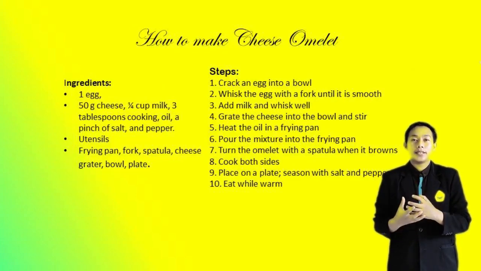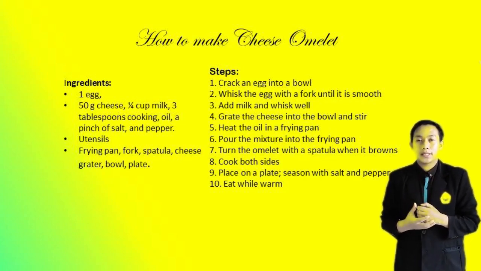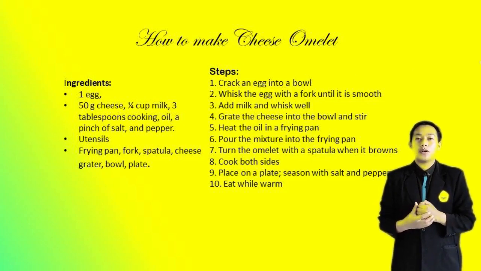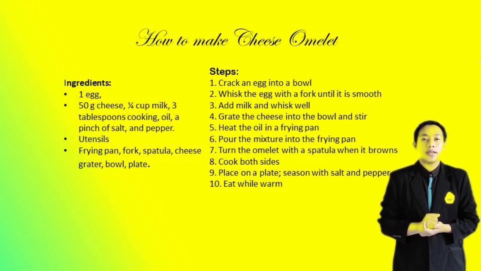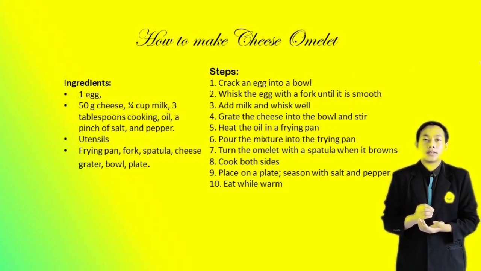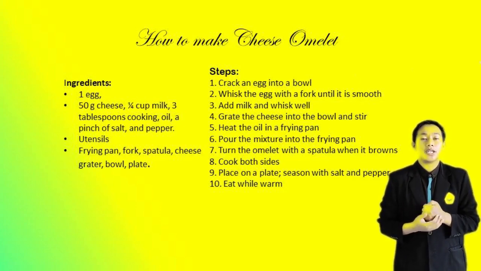Okay, let's see the example, how to make cheese omelette. Let's identify the generic structure. So, of course, the goal is how to make cheese omelette. Second is the ingredients.